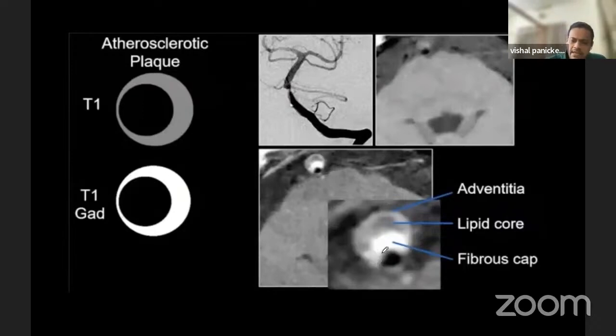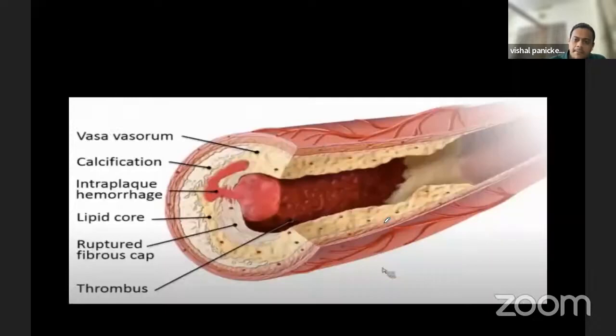There will be a layered appearance seen with T1 contrast imaging. The fibrous capsule will be seen as a hyperintensity, followed by a non-enhancing hypointense area, and followed by a hyperintense adventitia or the cap. This is a typical layered appearance of the atherosclerotic plaque.